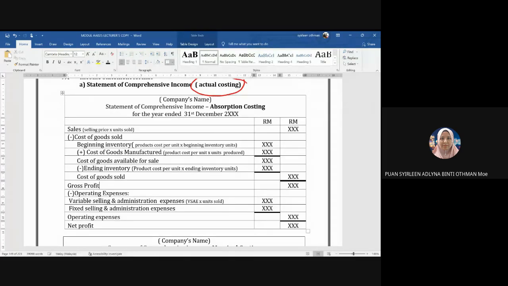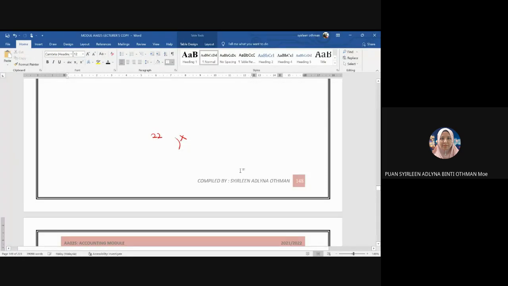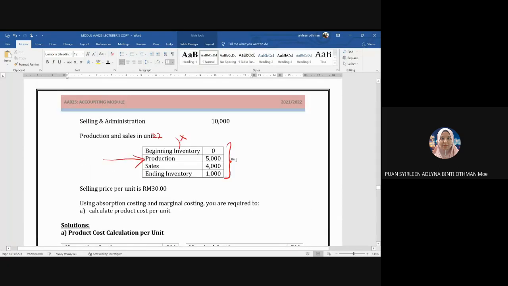Alright, so apa kegunaan awak kira RM22 dan RM10 tadi? So RM22 tu kita guna di sini, product cost per unit. So nanti macam mana I dapat beginning inventory, I akan gunalah RM22 tu. Saya akan darablah dengan beginning inventory unit. Okay, so kalau you tengok soalan tadi, your beginning inventory unit ialah kosong.